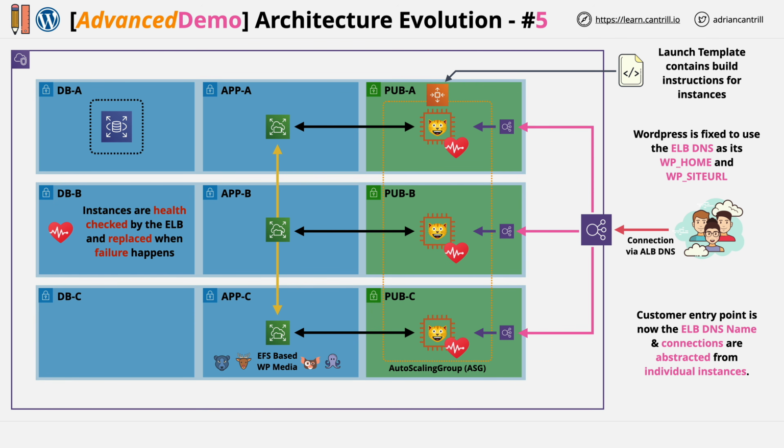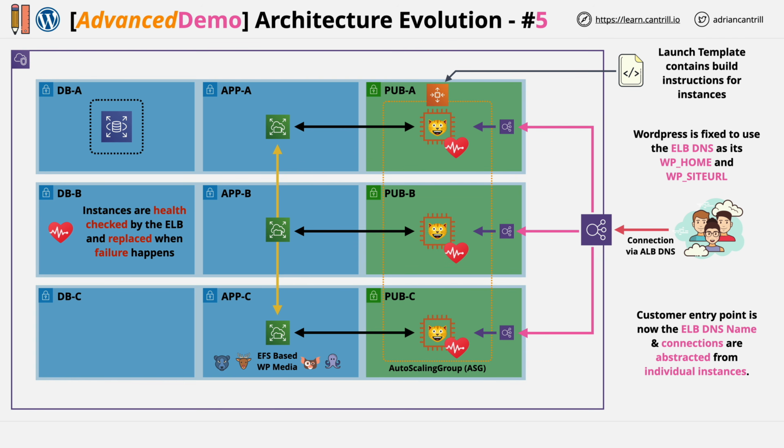You've moved the WordPress content onto a shared EFS file system, you've added a load balancer and auto scaling group to allow automatic scaling actions, and the load balancer abstracts the sessions so they no longer connect directly to the EC2 instances. And at this point, the architecture can scale in and out based on the CPU load.